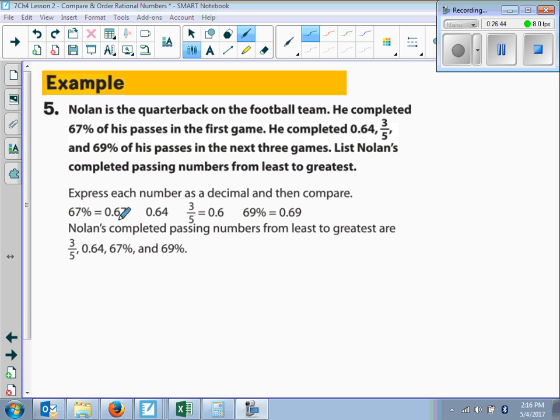So once again, you're going to take the original numbers and change them all to decimals, and then once you do that, you can put them in order. And when you put them in order, once again, you're going to write the original numbers.